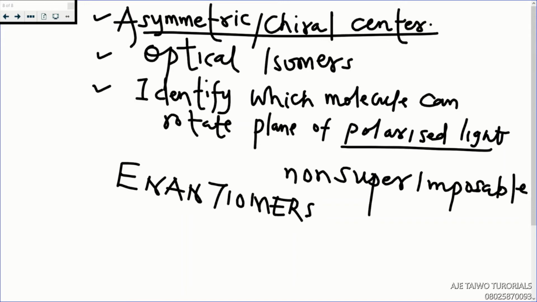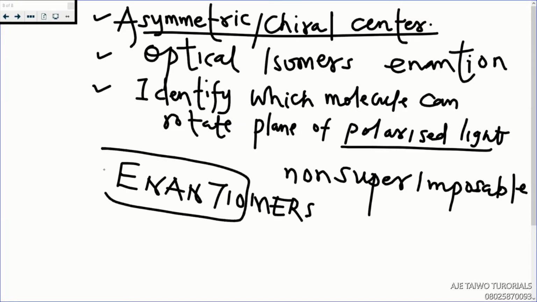They are called what? Enantiomers. From the word enantio, see the spelling? Enantio, with N. The word enantio means opposite.